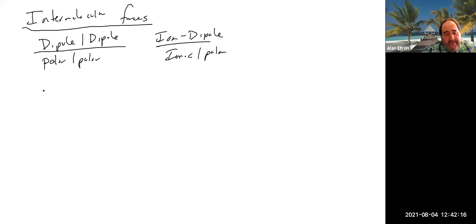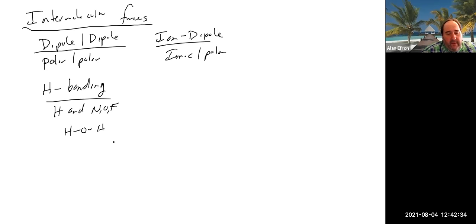A version of dipole is hydrogen bonding, and that is a bond between hydrogen and an electronegative element like nitrogen, oxygen, or fluorine. That is what we see in water, basically. Got that bond right there, positive, negative. Dipoles have fixed dipoles, so the positive side and negative side of a molecule basically come together. Ion dipole, ions are surrounded by something like water when it dissolves.